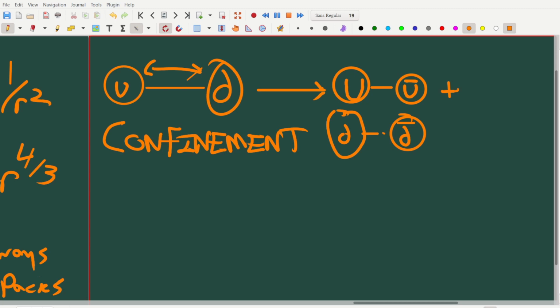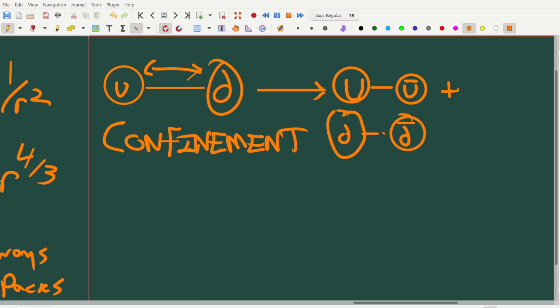The strong force is truly strong. It's so strong that it will create particles in order to compensate for the fact that you've broken them apart. The energy you have to put into the system to break them apart is so great that it magically creates new pairs of particles. No matter what you do, you can't get around this. No one's ever seen a quark by itself.